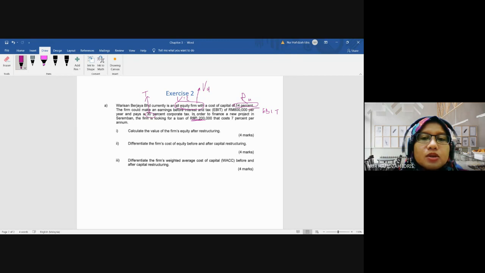Try reading again. In order to finance a new project in Seremban, the firm is looking for a loan. When we talk about a loan, what is it? Yes, debt. So 1.2 million, this is D. The cost of the debt is 7%. So for this 7%, which symbol will we use? Cost of debt. RD. Yes, RD.